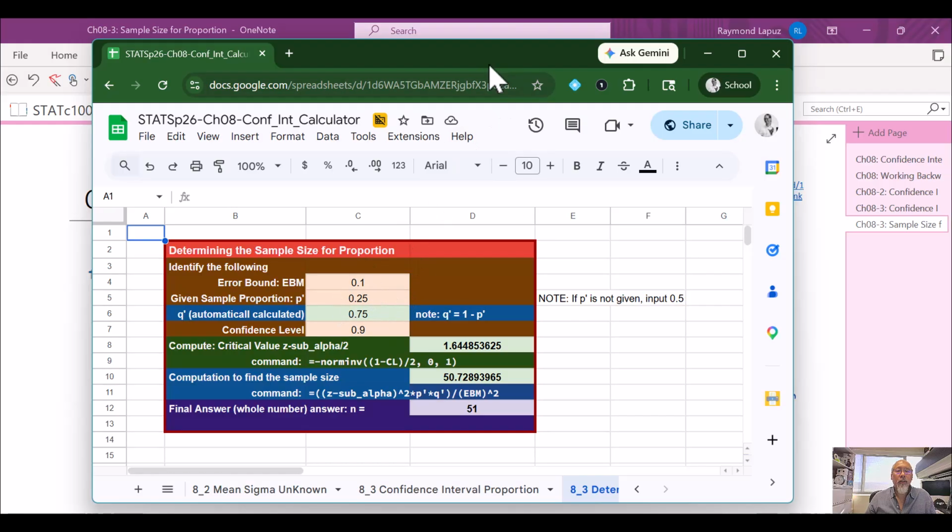We need the error bound for the proportion, EBP. A given sample proportion; if it's not given, we're going to input 0.5. Q prime here will automatically be calculated. You can do it yourself, it's 1 minus p prime. Then enter a confidence level, and that's going to give us our z sub alpha over 2.